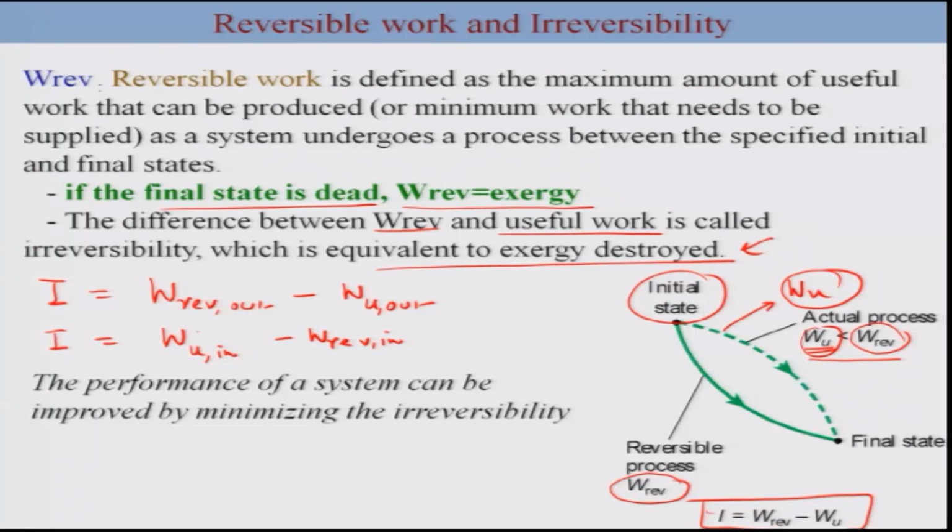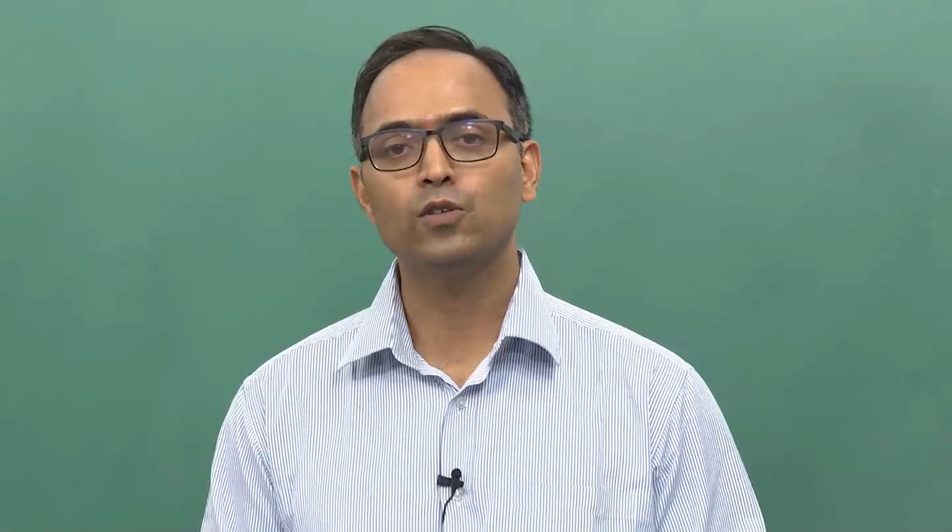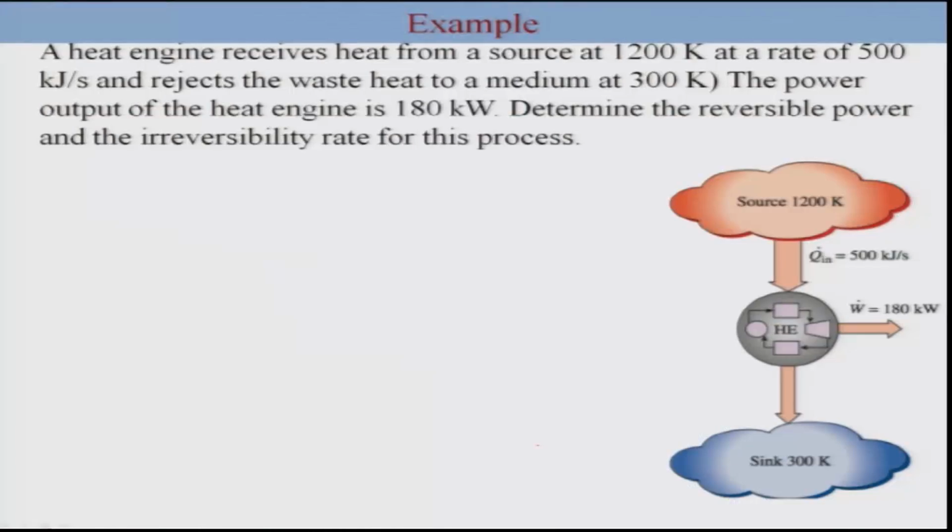Or as I said, the performance of the system can be improved by minimizing the irreversibility. So, certainly when I goes to 0, when the irreversibility goes to 0, the useful work approaches the condition of the reversible process. So, let us try to analyze this further with an example.